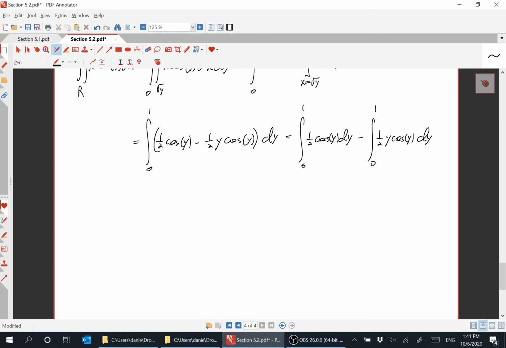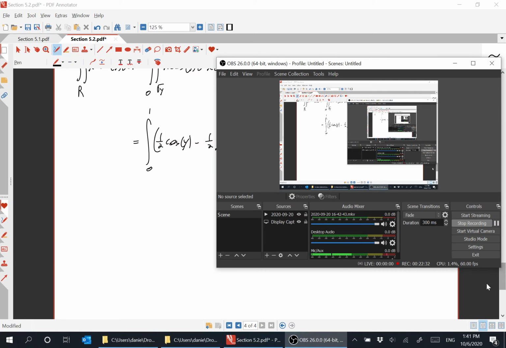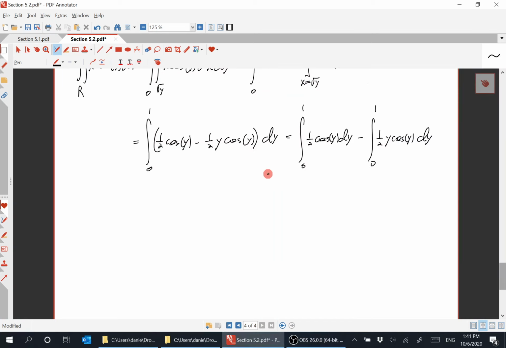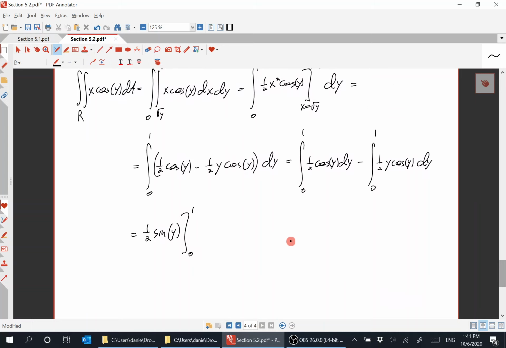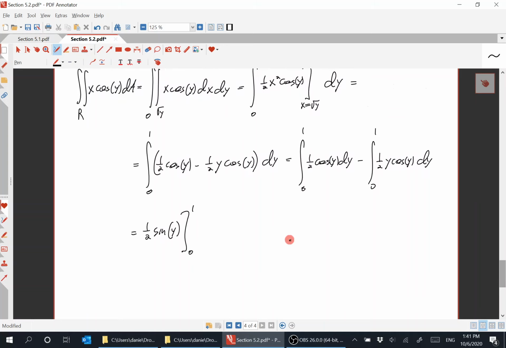Well, the first integral, the antiderivative is just 1/2 sine of y from 0 to 1. Right. 1/2 sine of y.